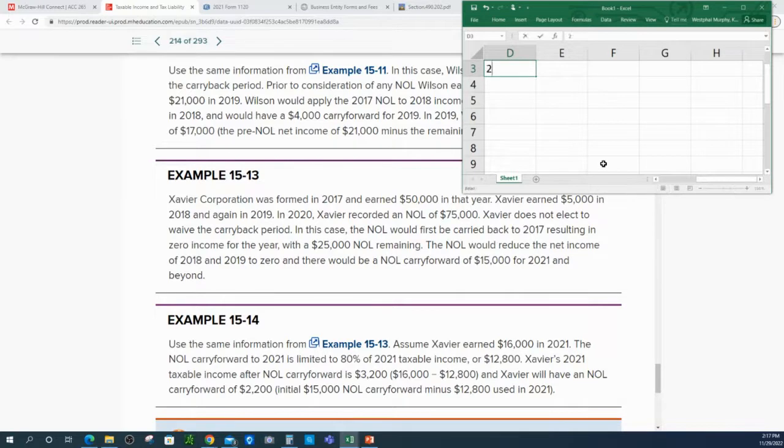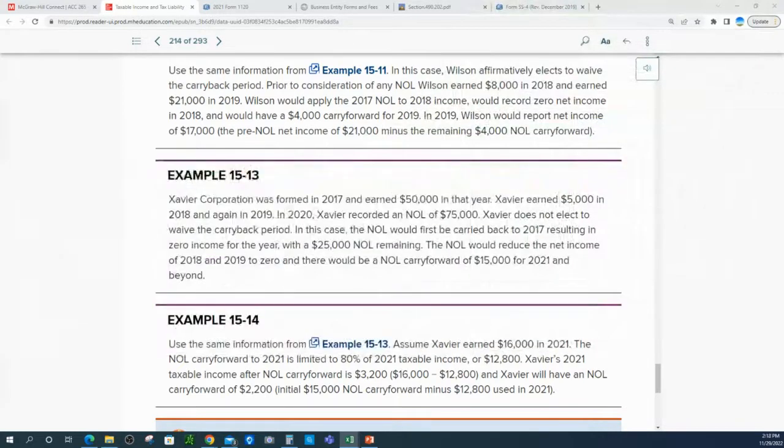We've got 2017, net income of $50,000. 2018, 5,000. 2019, 5,000. 2020, NOL of 75,000. Okay, so let's look at the rules here.